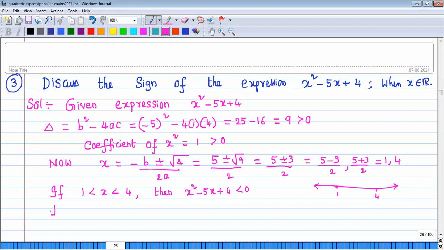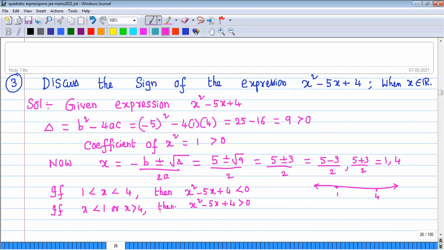For example, if x is less than 1 or x is greater than 4, then ax square plus bx plus c and a, the coefficient of x square, will have the same sign. Same sign means positive, so x square minus 5x plus 4 is greater than 0.